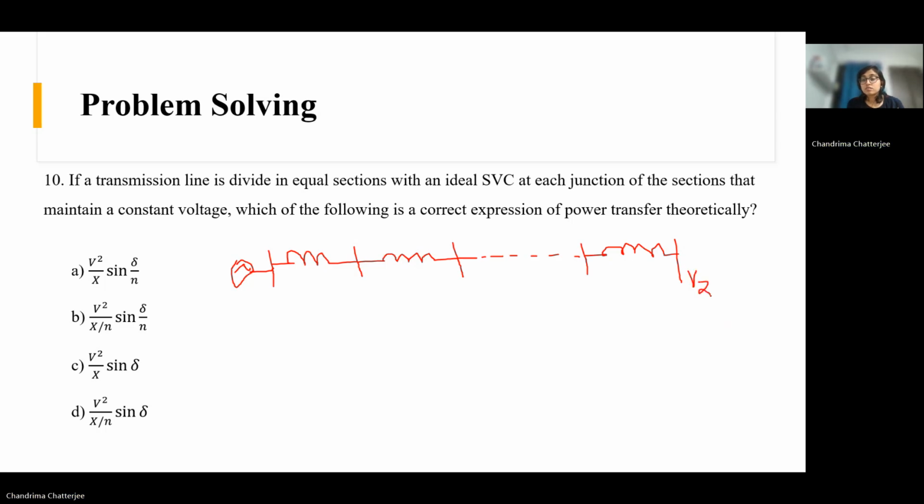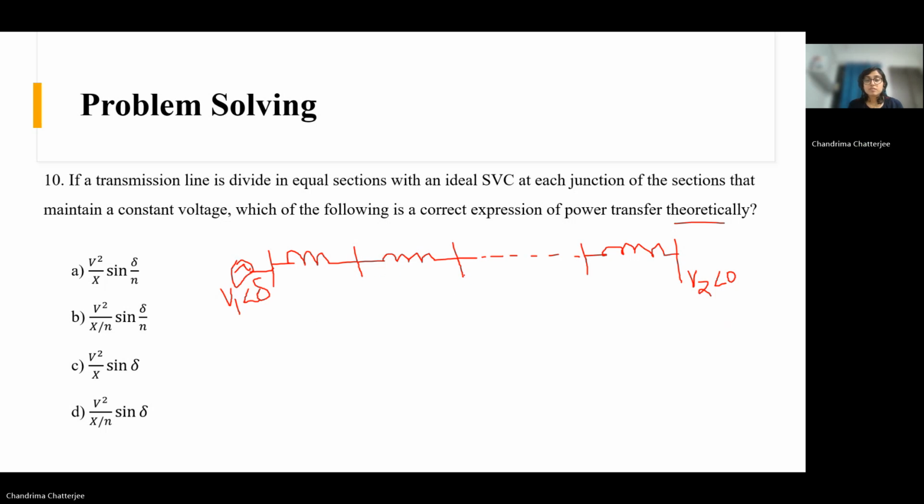V2 angle 0. Okay. And this is V1 angle delta. So if this is the case, then what is the expression of power transfer theoretically? So when the transmission line is divided in two equal halves, in that case we already derived the expression of the power transfer, right?